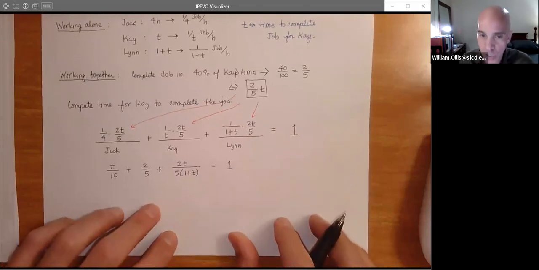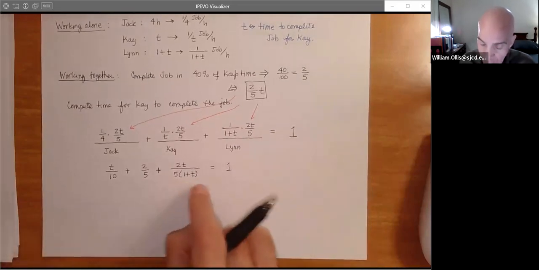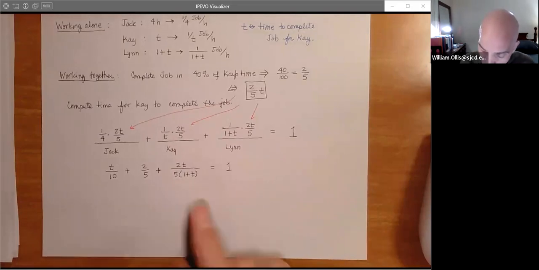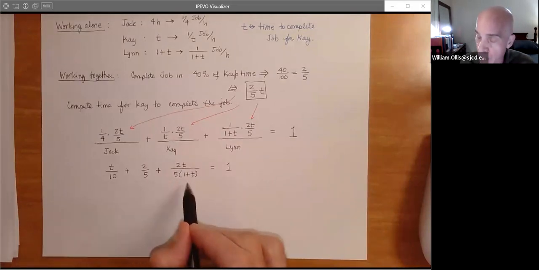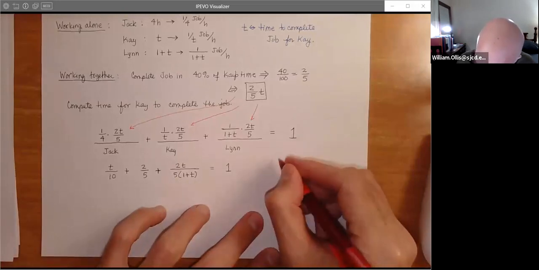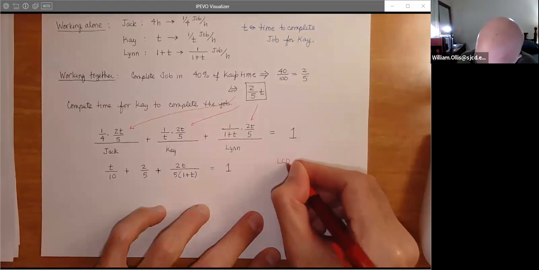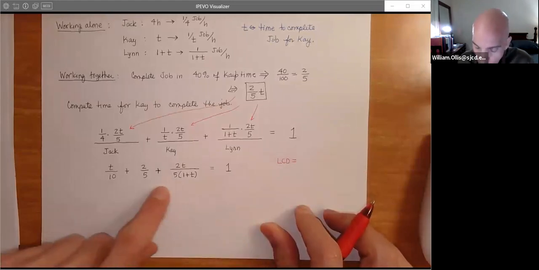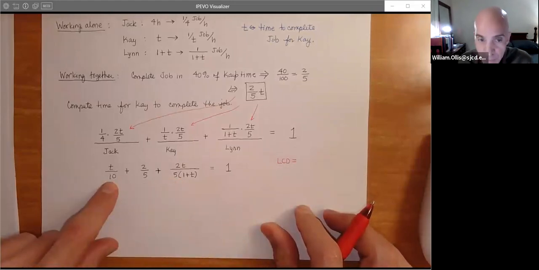Now we're back to college algebra where they say solve for T. And so now you just want to get rid of the denominator. So we look for the LCD, which is easy to compute. So this is a nice problem. So now, of course, we need a 5 and we need a 10.